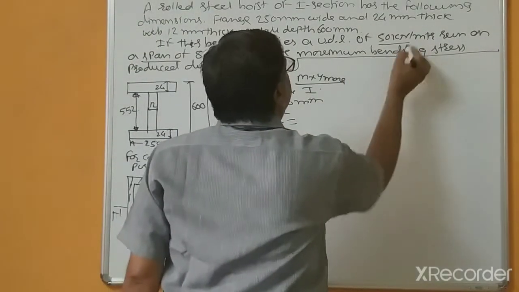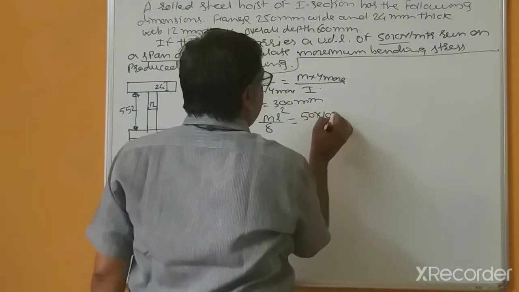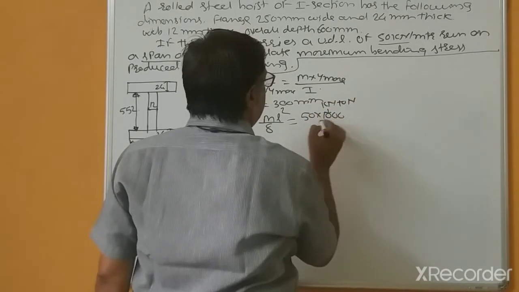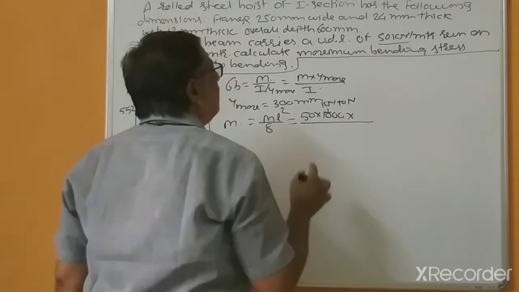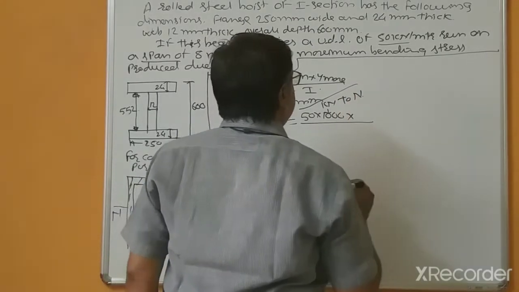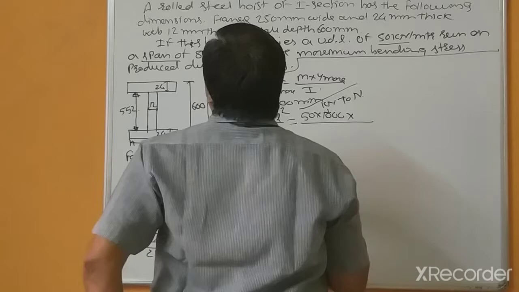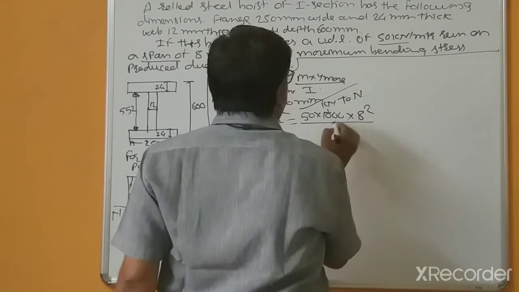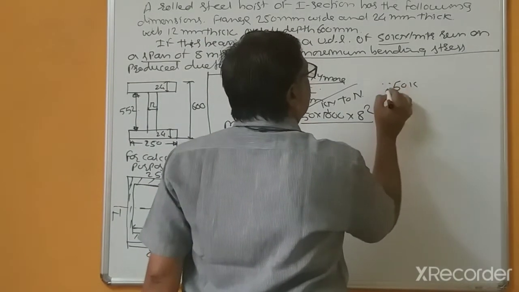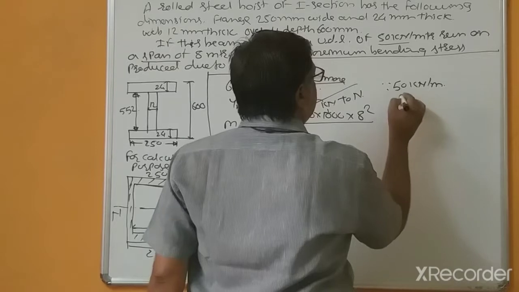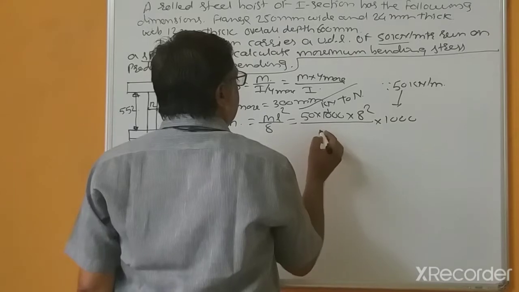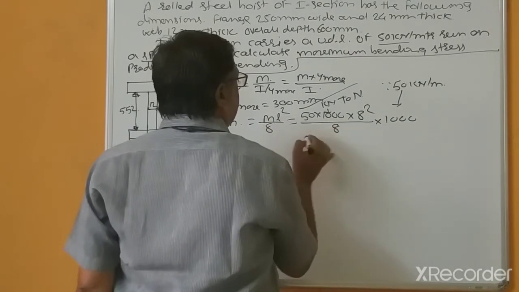This is 50 kilonewton, converting kilonewton to Newton, multiplied by 1000, into L squared, length equal to 8 meter, 8 squared, divided by 8.